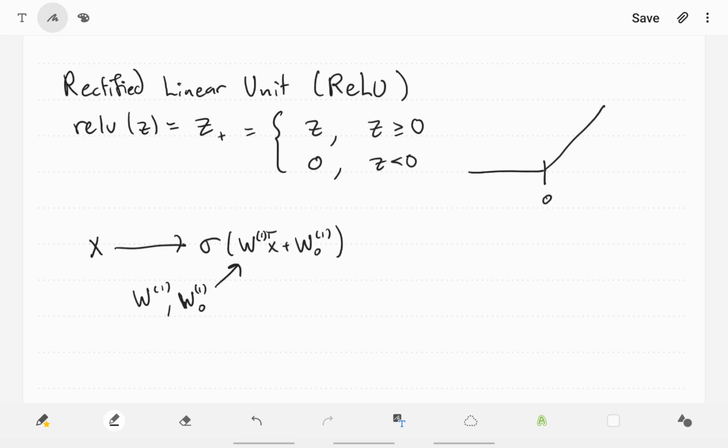And then, instead of feeding this into a linear output, we're going to send this in the forward step to just another sigmoid function, or to another activation function. So of course this doesn't have to be the sigmoid, this could be ReLU or whatever other activation function we're using.